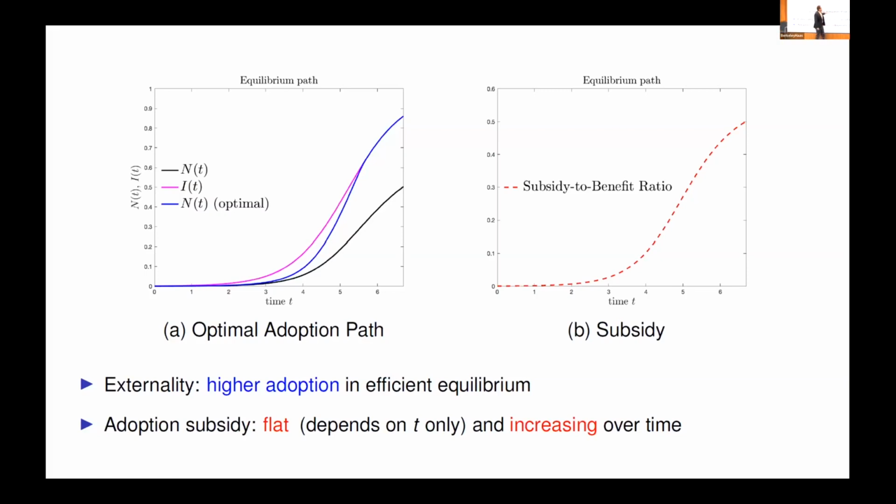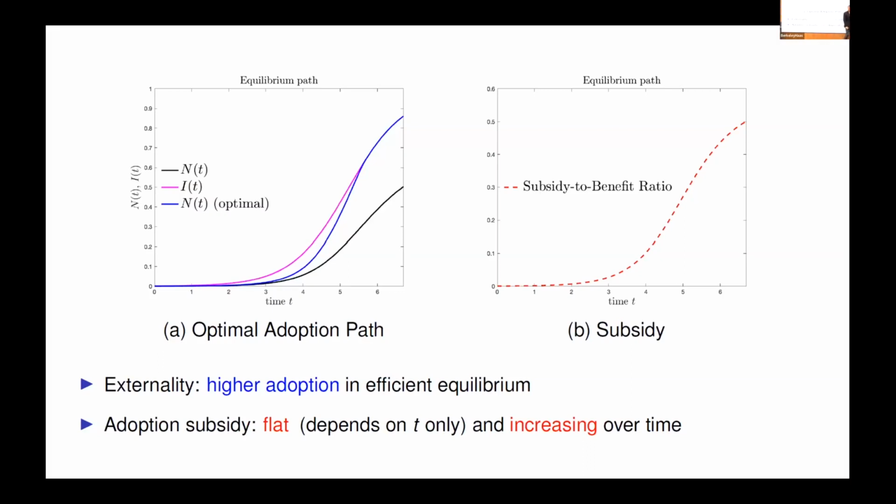In fact, the planner wants almost everybody in Costa Rica to have the app because there's a whole bunch of benefits there, right? This purple line is just the people that know about the app, because often people didn't know about the app at the very beginning. But you can see that even when people know about the app, they still wait a little bit to adopt. And the planner just wants everybody to adopt.